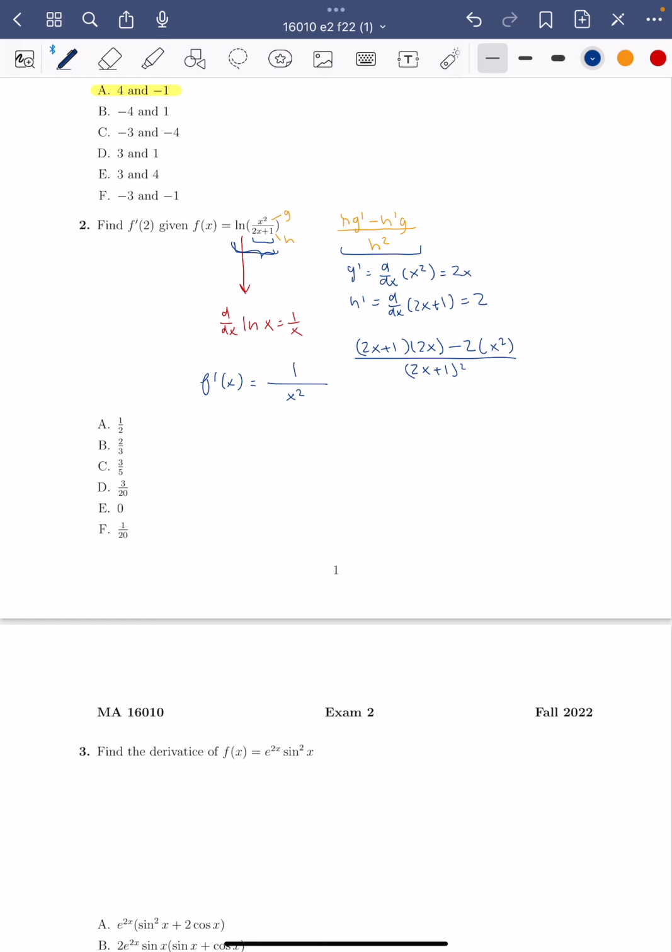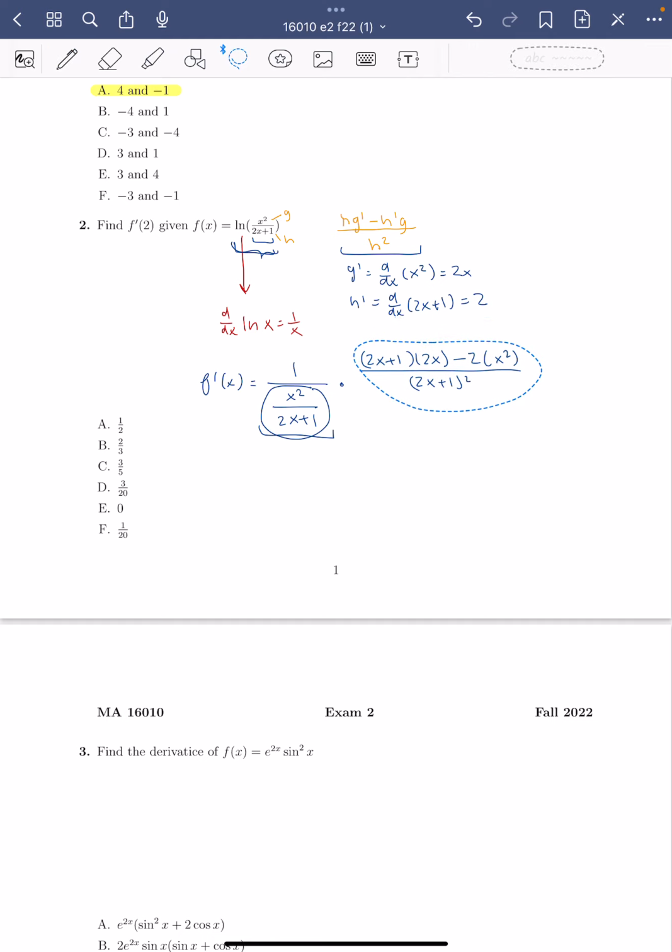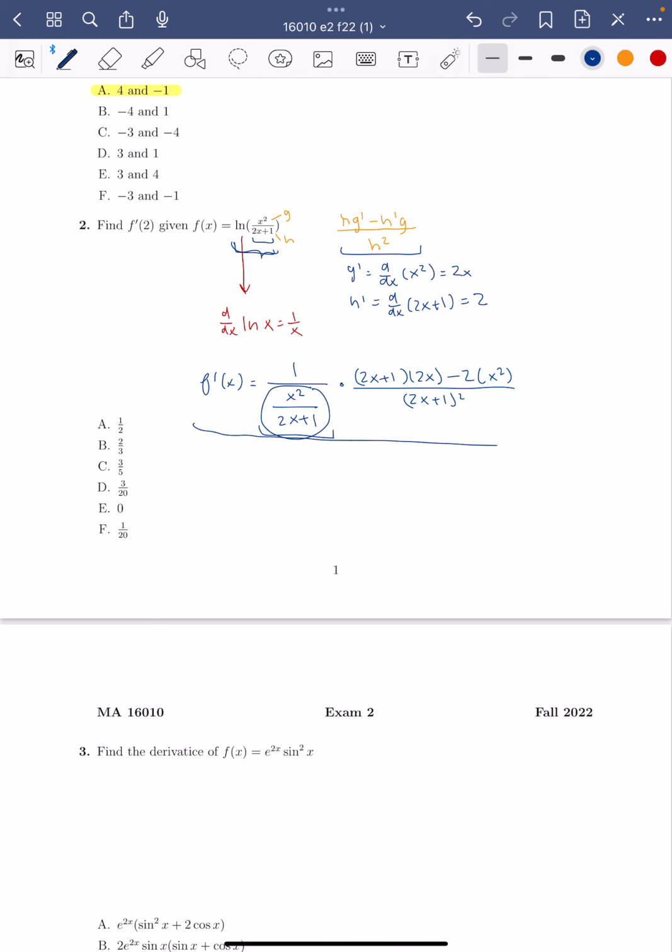So that would be x squared over 2x plus 1. Now, we need to multiply this by the derivative of this, which is what we found using our chain rule. So I'm going to go ahead and move this down to match. And this whole thing is our derivative. It's just not in a very simplified form. So let's go ahead and simplify this.